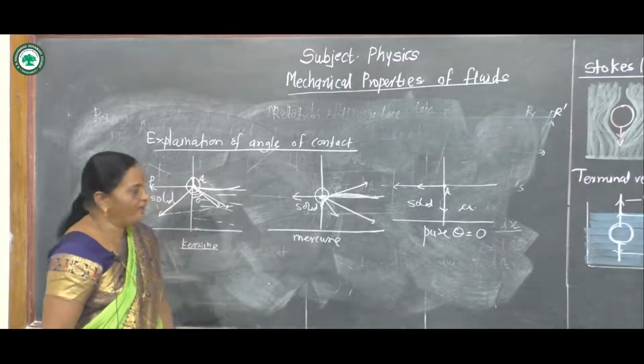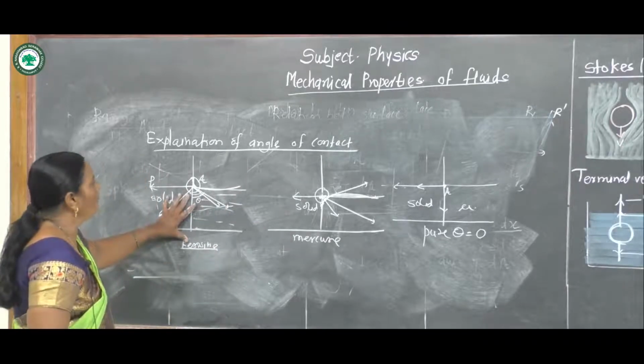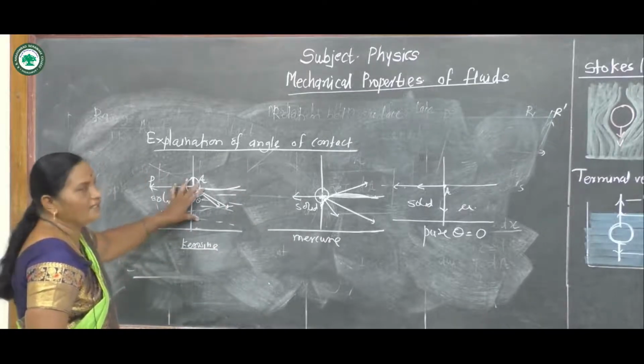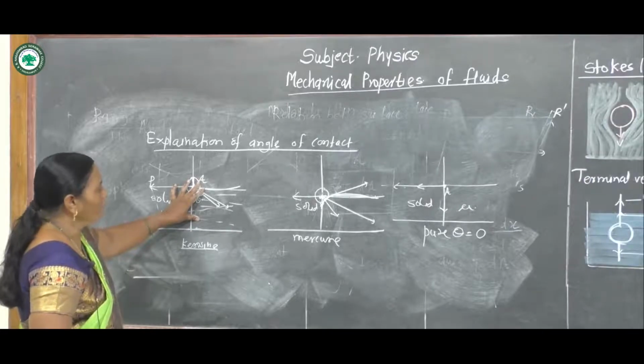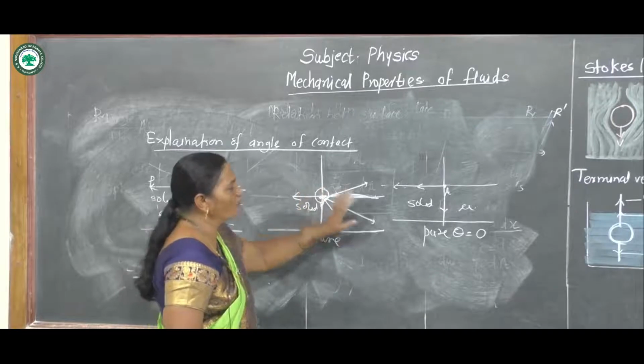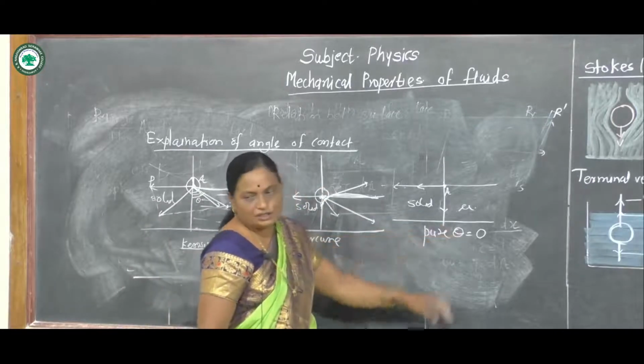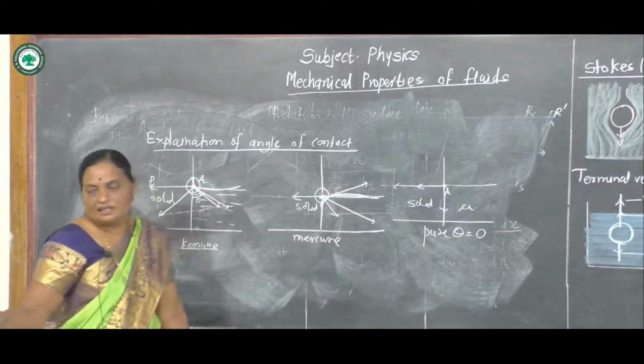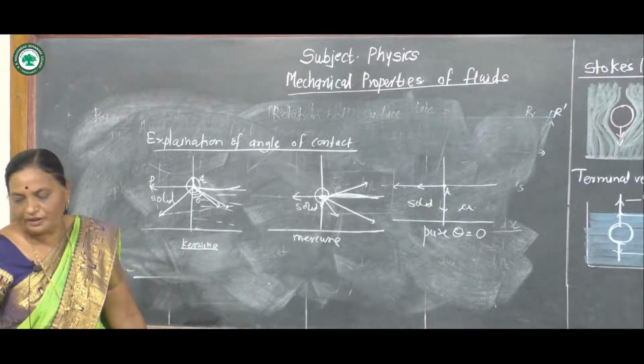From this we can say that the angle of contact for kerosene is acute, for mercury it is obtuse, and for pure water it is 0. Now we see the shape of liquid drop.